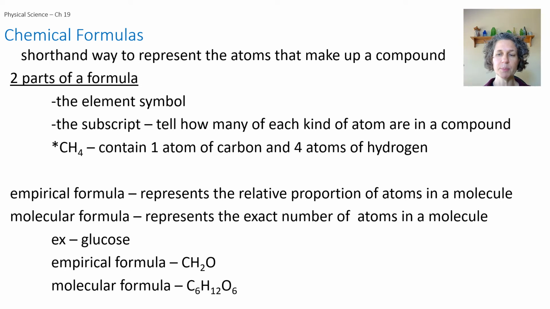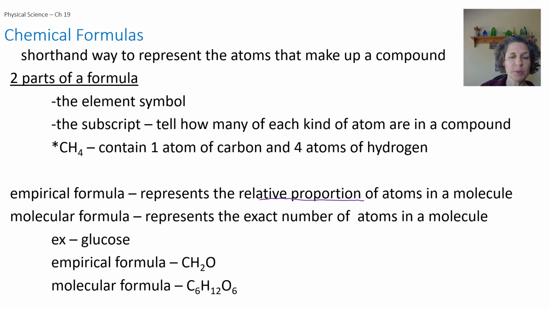And you can have an empirical formula, which is what your book defines as the relative proportion of atoms in a molecule. That basically means the most reduced form of the numbers, and the molecular formula, which is the exact numbers. So I've got glucose down here as an example.